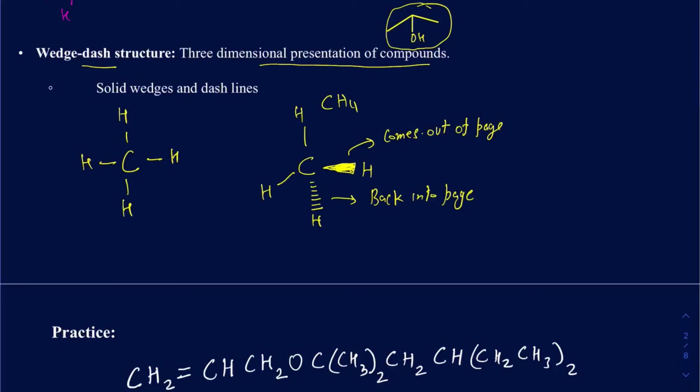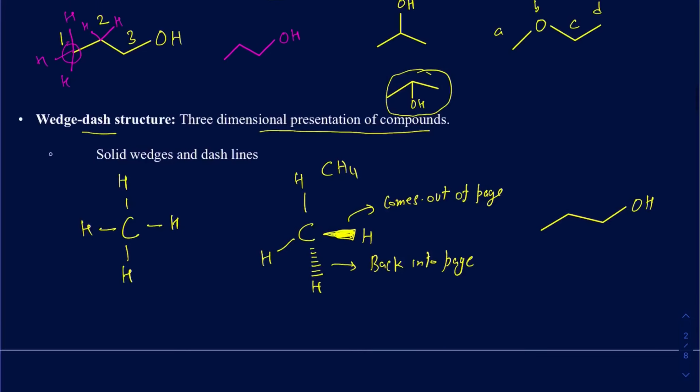Right now it may not be that important, but when you have carbons attached to 4 different atoms or groups of atoms, then it does matter what's going to be coming out and what's going to be going back into the page. So if I want to draw out maybe the other structure we have been talking about, maybe the first one that we have up there, this is how it's going to look.